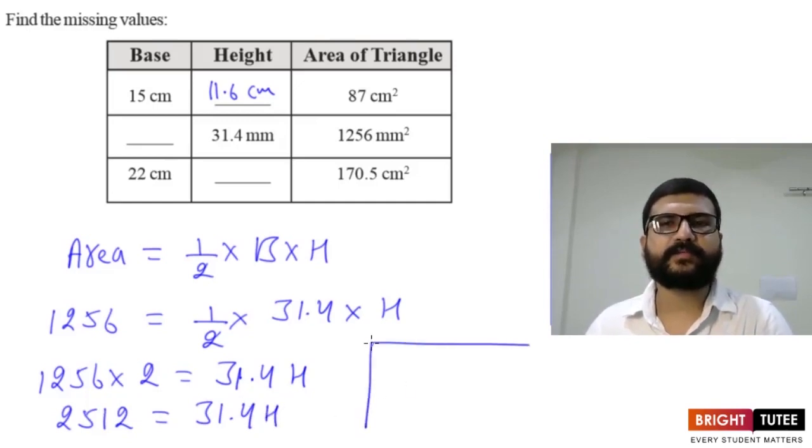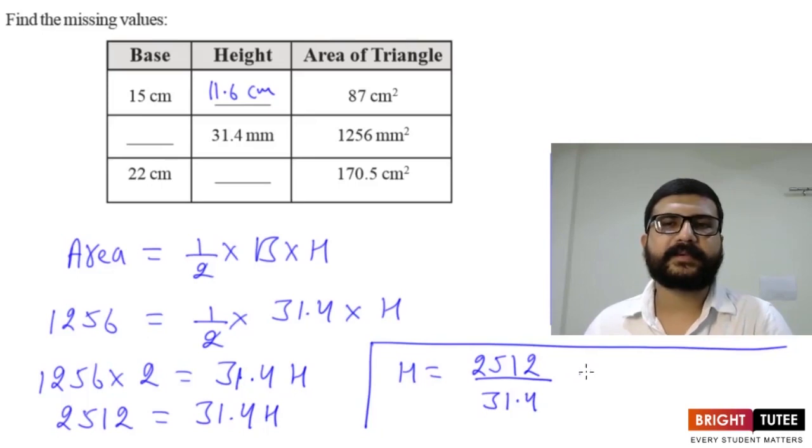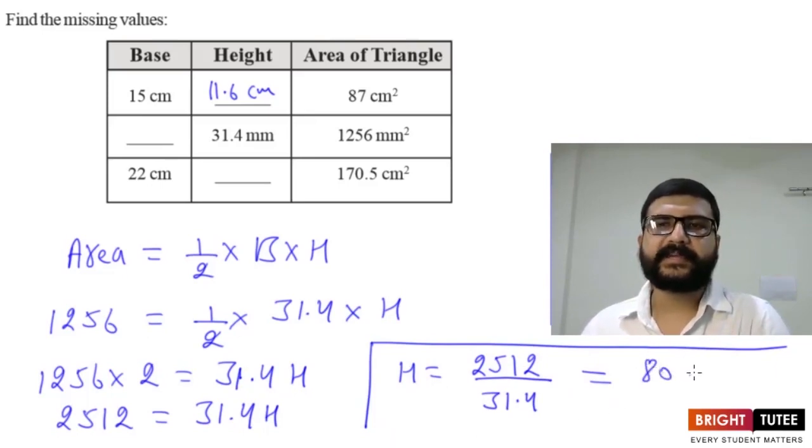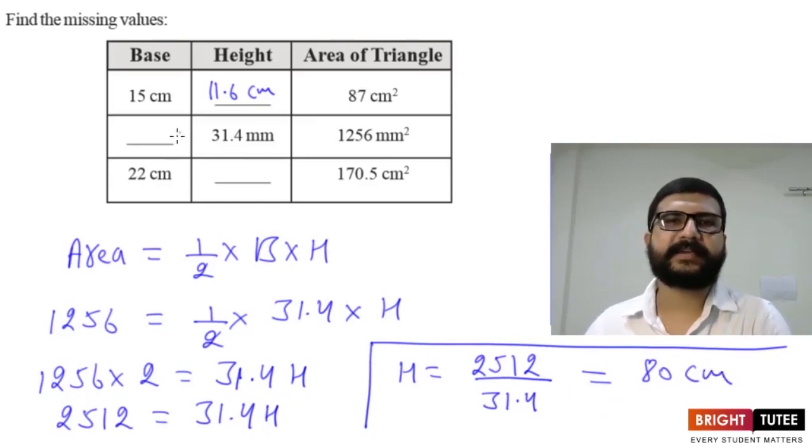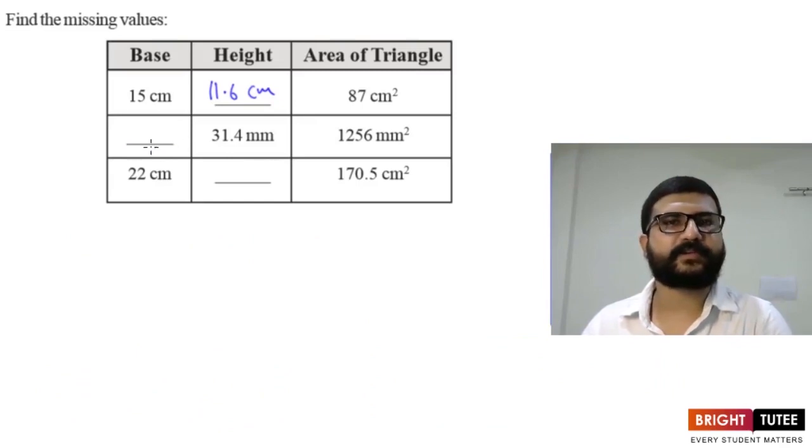Now from here we can transpose this 31.4 on the left side. So this will give us h is equal to 2512 divided by 31.4. Now we know how to divide these numbers. So by dividing we will get 80 centimeters.